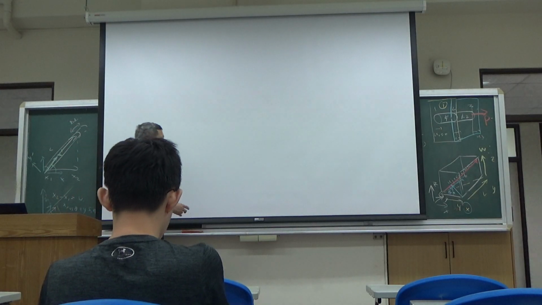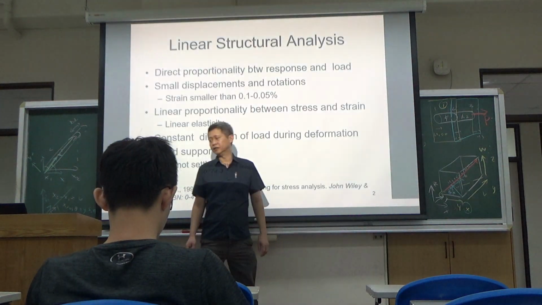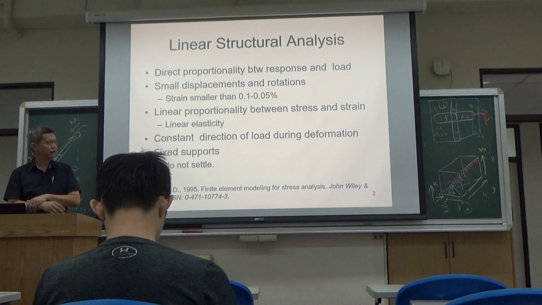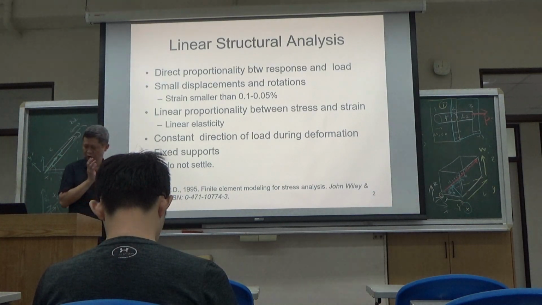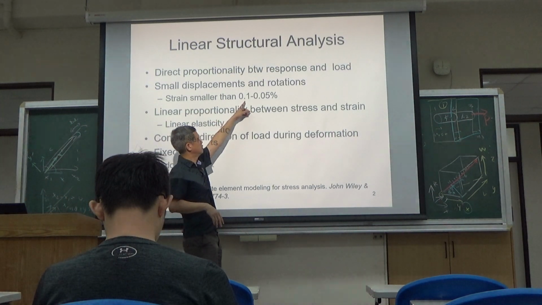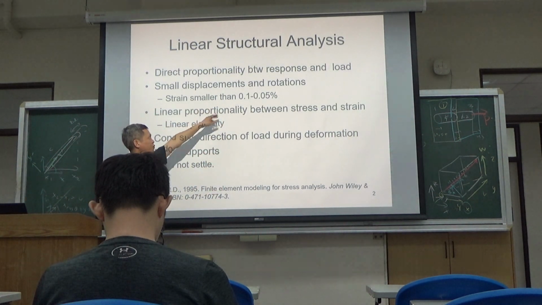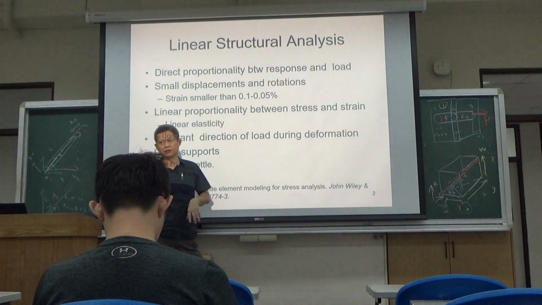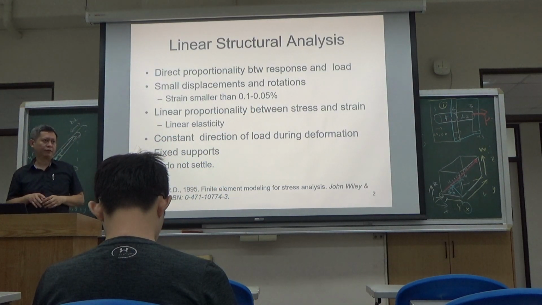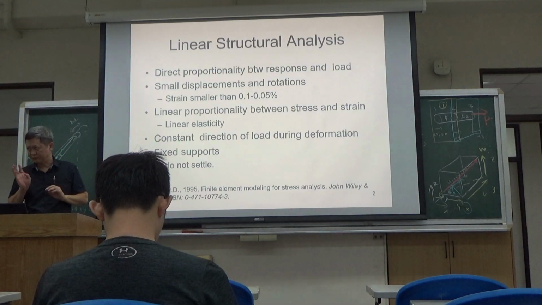Then we now move on to something nonlinear. Okay. So linear analysis is for small displacement. We are talking about small strain, between 0.1 to 0.05%. This works perfectly for steel structures. It doesn't work for rubber.